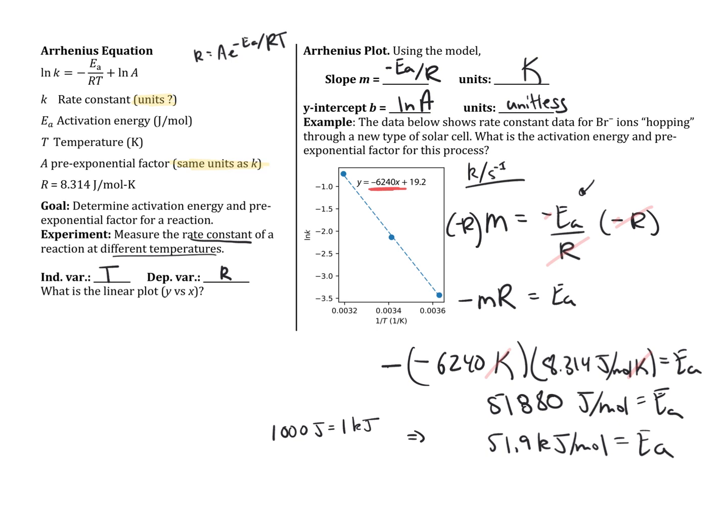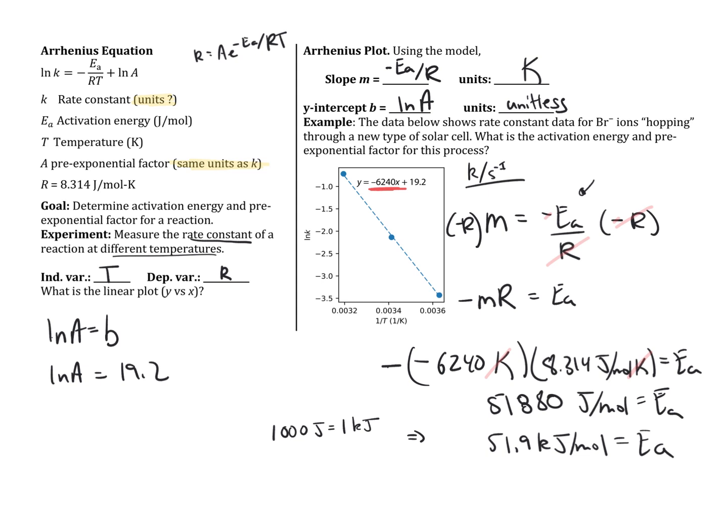Okay, same idea for the pre-exponential factor. We get that from the y-intercept. So ln A is equal to B, and B was 19.2, so 19.2 is equal to ln of A. Now this is where we need to remember our logarithm rules.